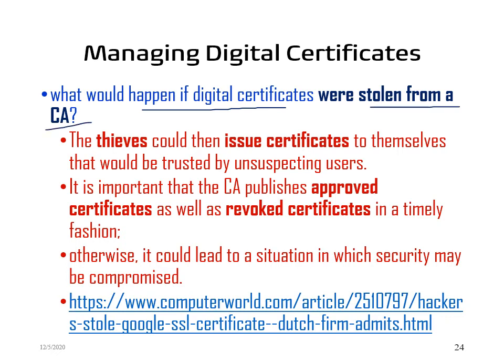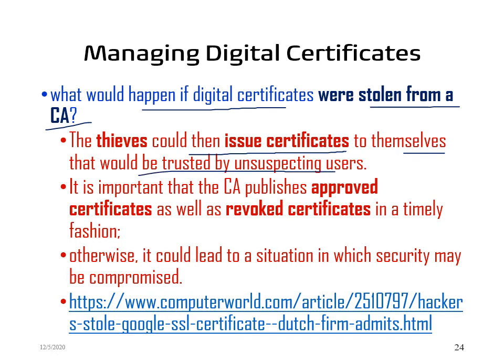The certification authority is the first component, the registration authority is the second component, and the third component is the revocation component. So here, if any digital certificates were stolen from the CA, what is the next step we have to follow? Thieves could then issue certificates to themselves that would be trusted by unsuspecting users.